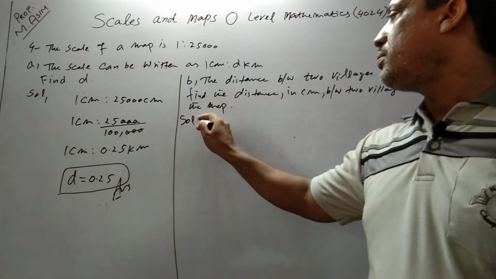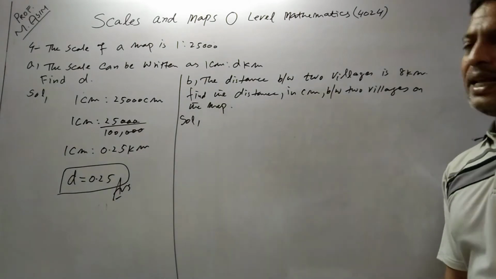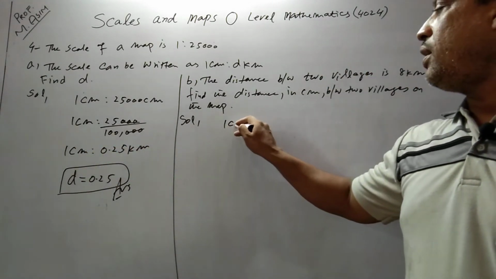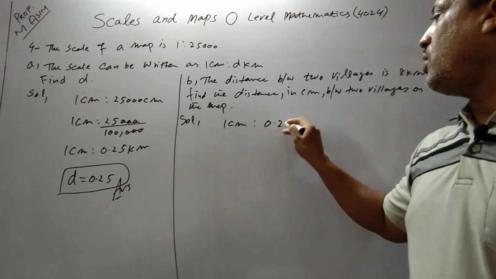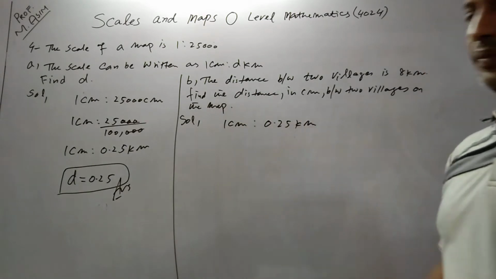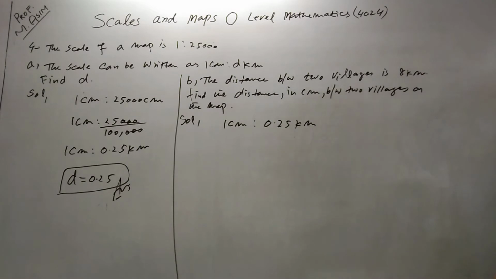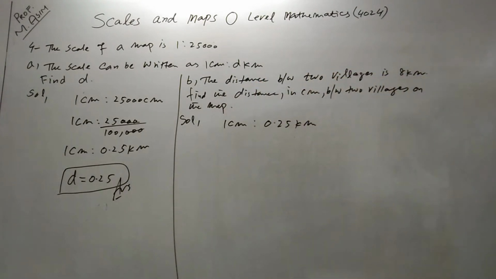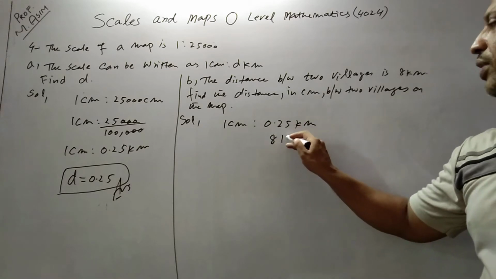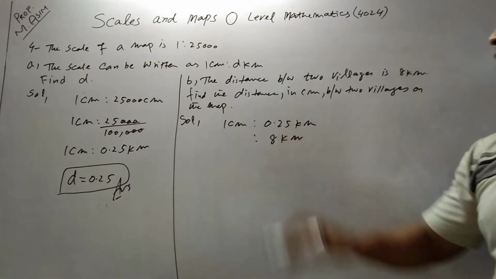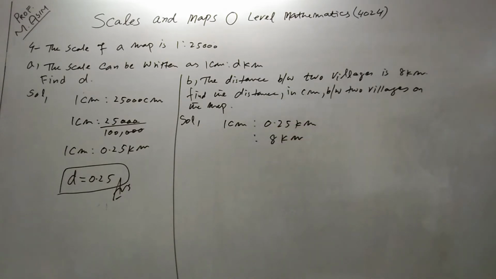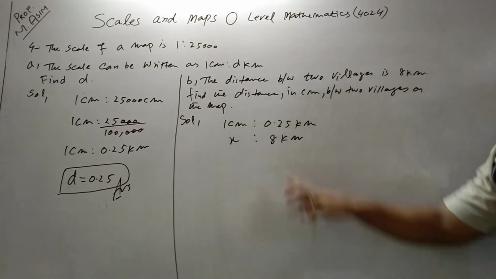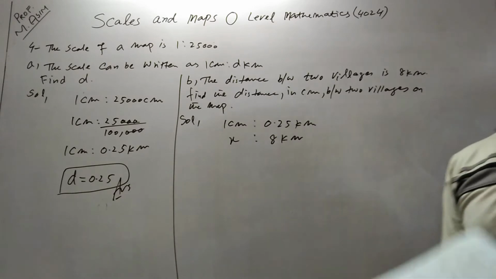Solution. So the scale is given: 1 centimeter represents 0.25 kilometer, and the given value is the distance between two villages, 8 kilometer. Therefore this is the actual value, 8 kilometer, and we want to convert 8 kilometer into centimeters. So just write x. 8 multiplied by 1, we always cross multiply.